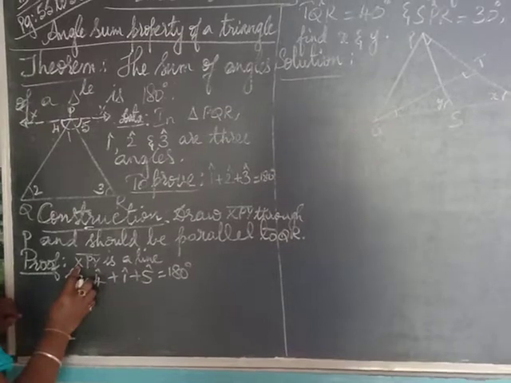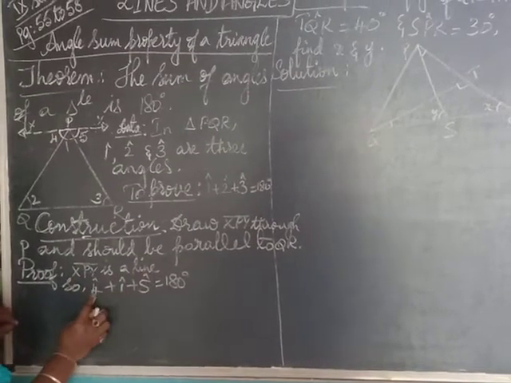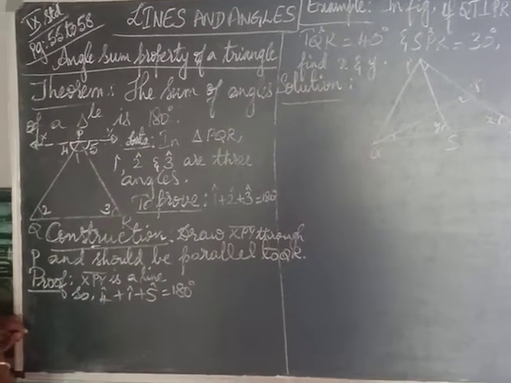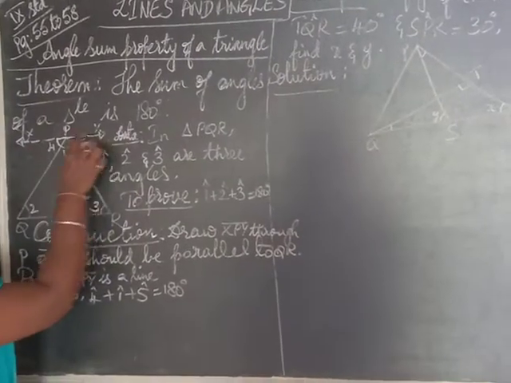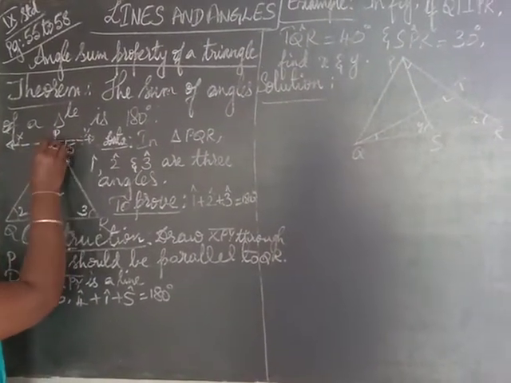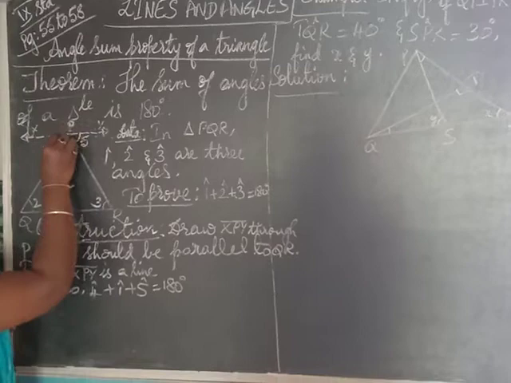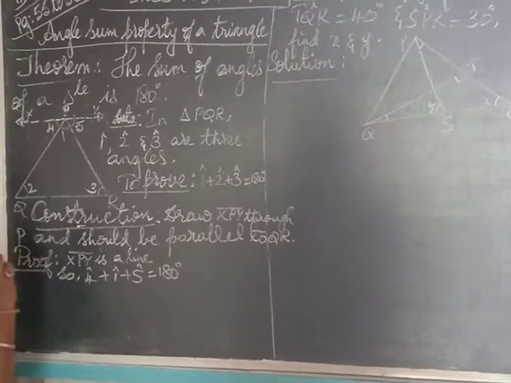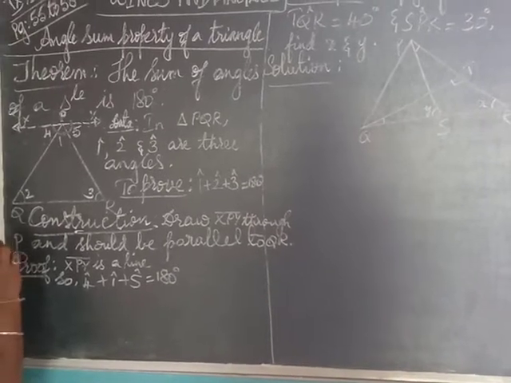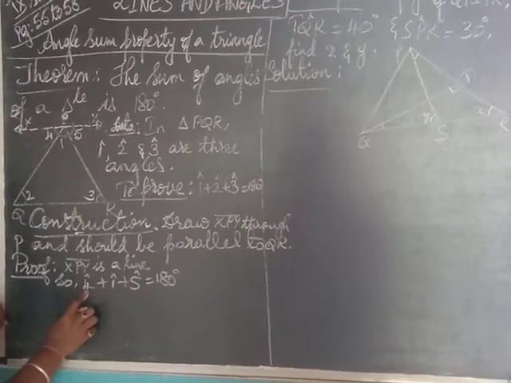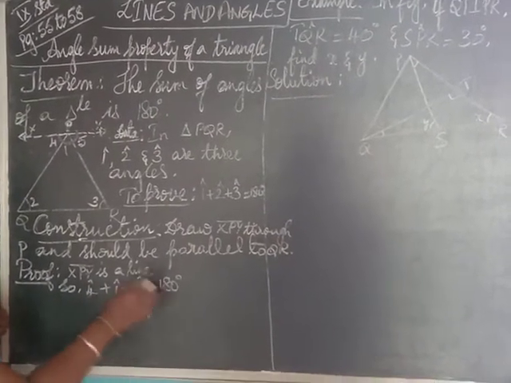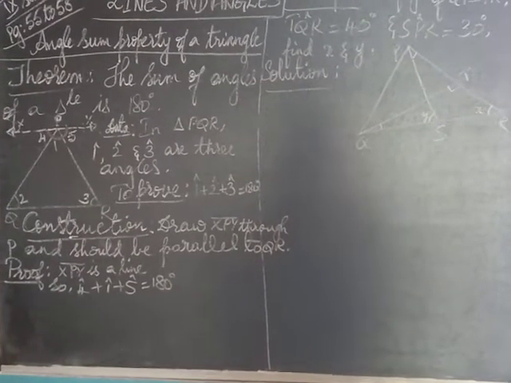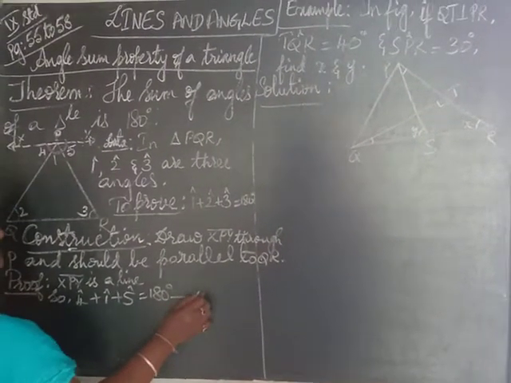Why, children? I have written here that XPY is a line and 4 plus 1 plus 5 is equal to 180 degrees, since this line has a point P here and it forms a straight angle. So angle 4 plus angle 1 plus angle 5 is equal to 180 degrees. Let us call this equation 1.